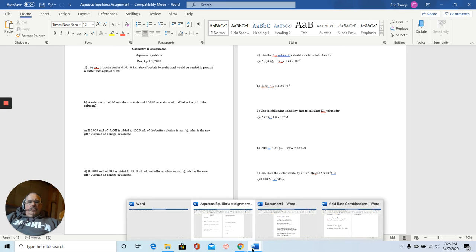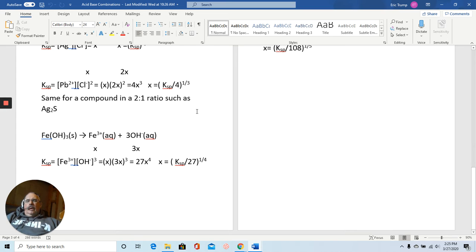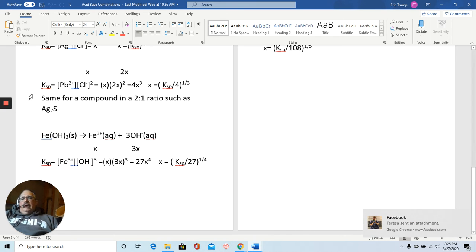Let's go back to this document right here. If I had lead chloride, for example, and I knew what the KSP was, I could solve for X, which would be the solubility. What if I had 0.03 molar lead nitrate, in other words, lead 2 from a different source?